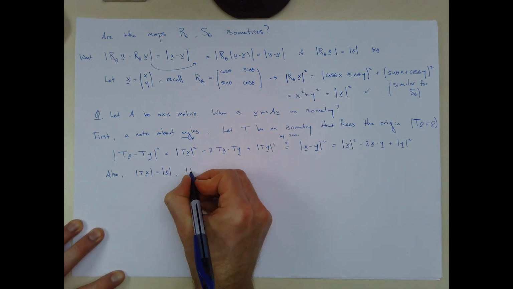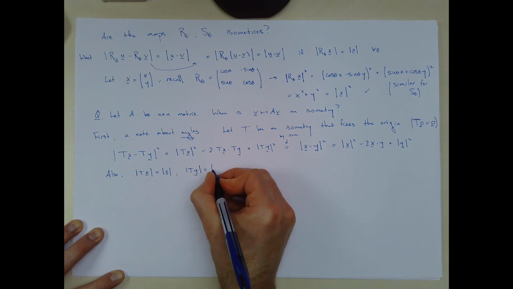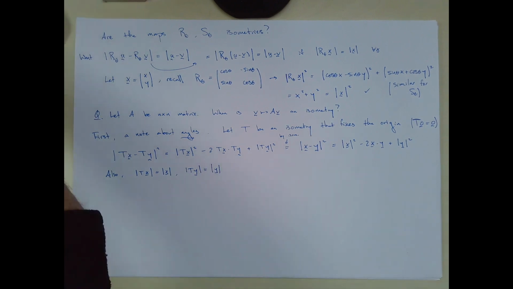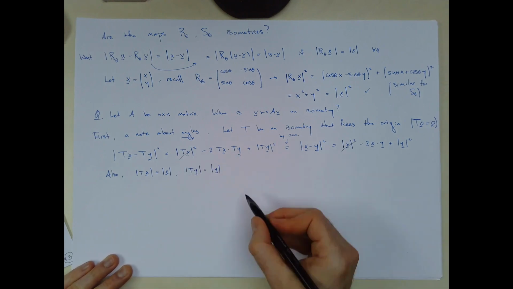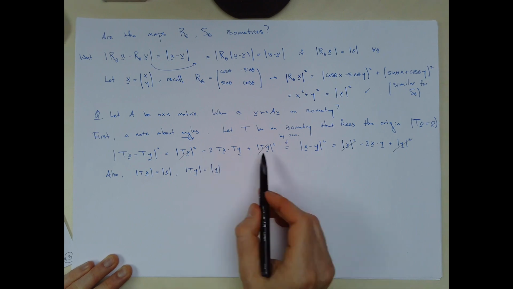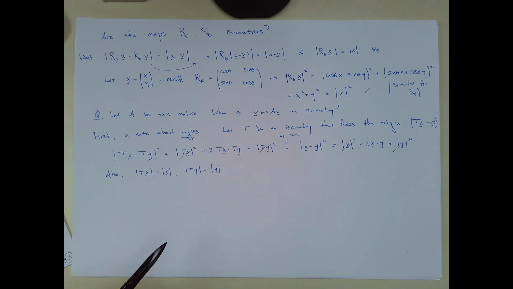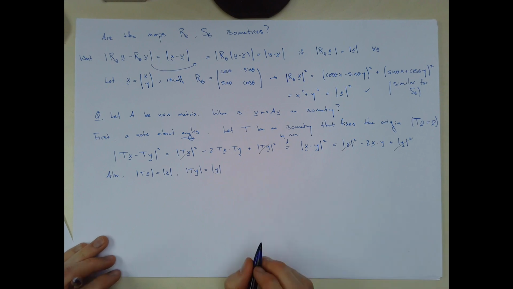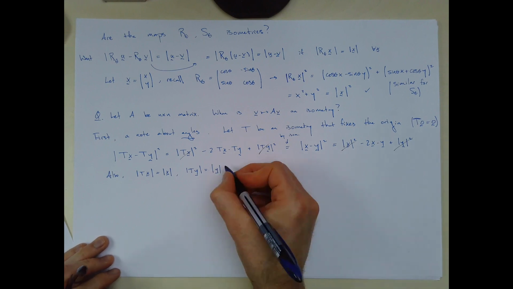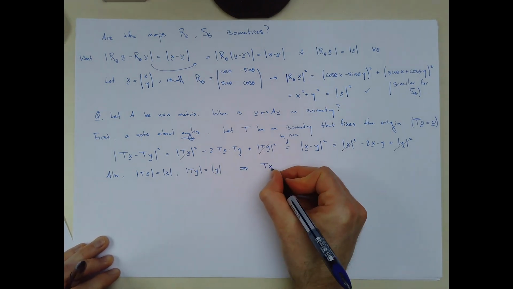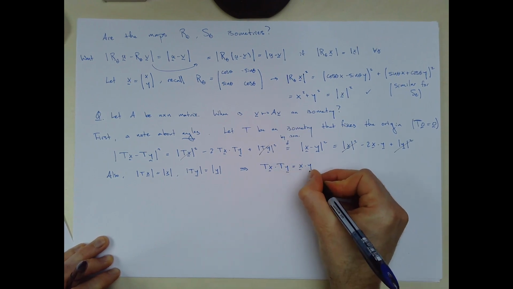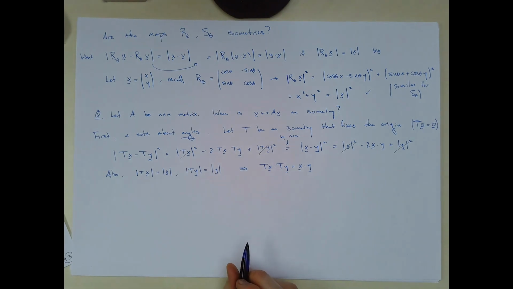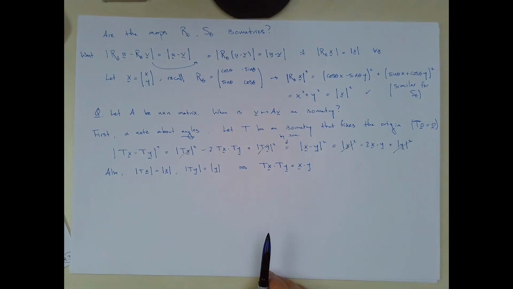And magnitude of Ty is equal to magnitude y. And so in this expression here, these cancel, those cancel, and what we're left with is the conclusion Tx dot Ty equals x dot y. Okay, so at least an origin-fixing isometry is also angle preserving.